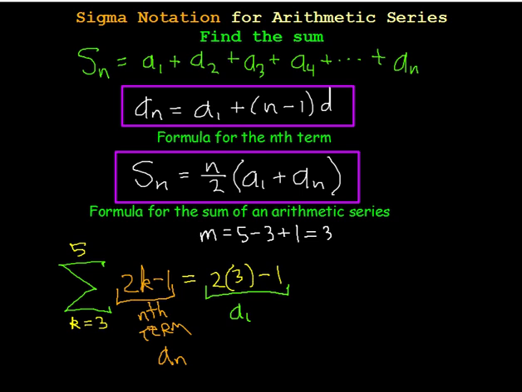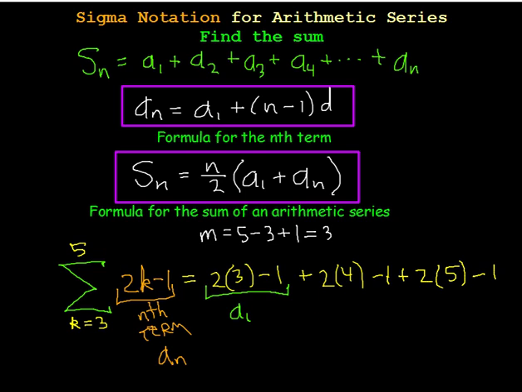And let's go on. If I want to get the second term, I'll just add 1 to the 3, and I'll keep going until I get to 5. So we'll go 2 times 4 minus 1. That is our a sub 2. And let's go ahead and add one more. This will be 2 times 5 minus 1. And I get that by substituting this k with this 5.